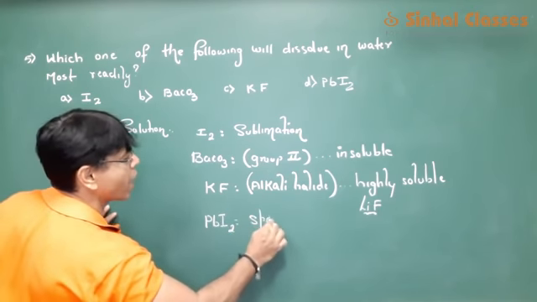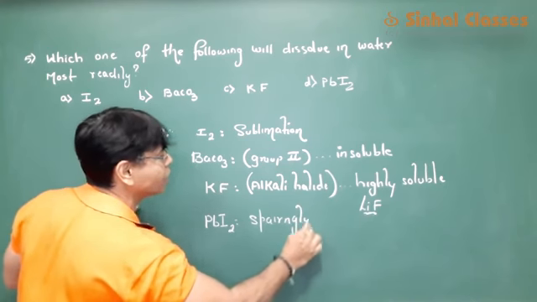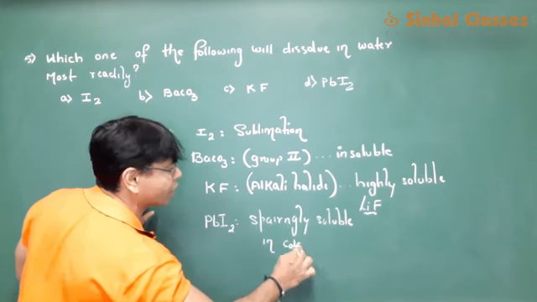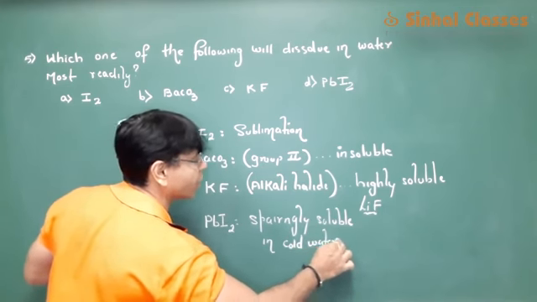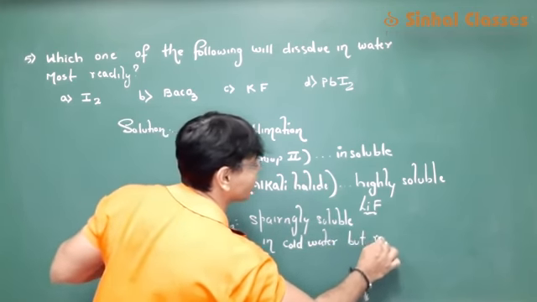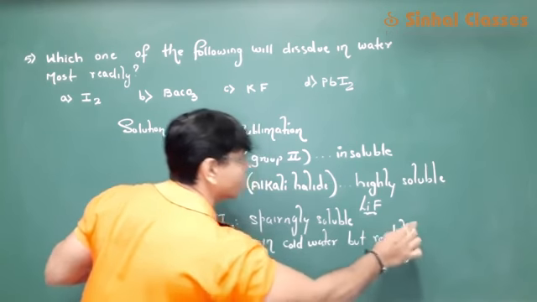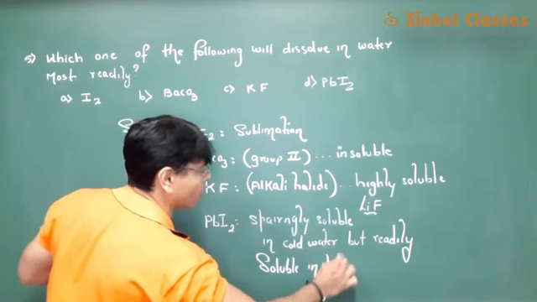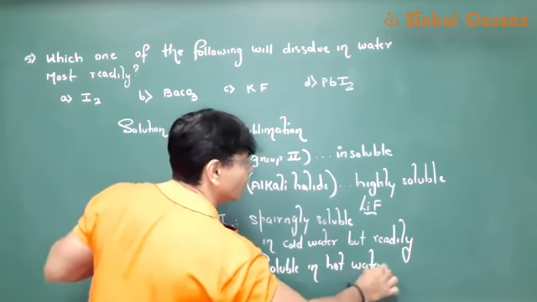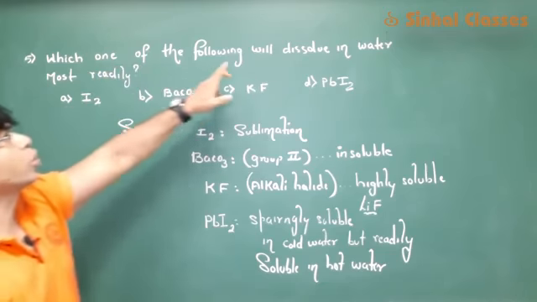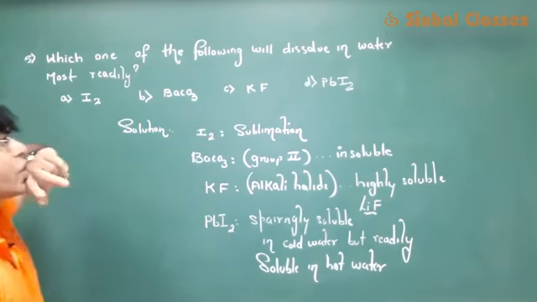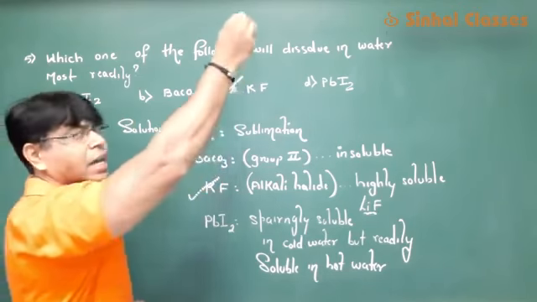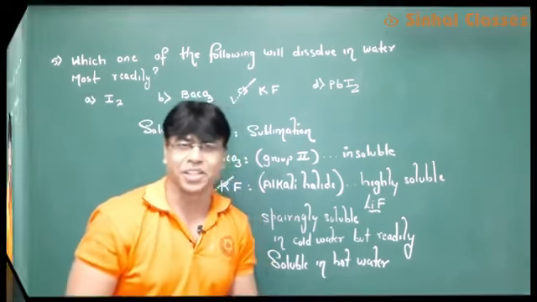It is sparingly soluble in cold water, but readily soluble in hot water. So they are asking for which is most soluble, dissolves in water most readily. The answer is KF, that is C is the correct option for this question.